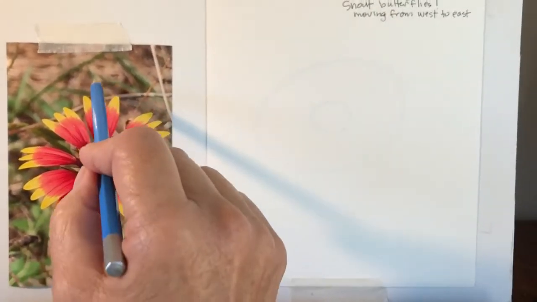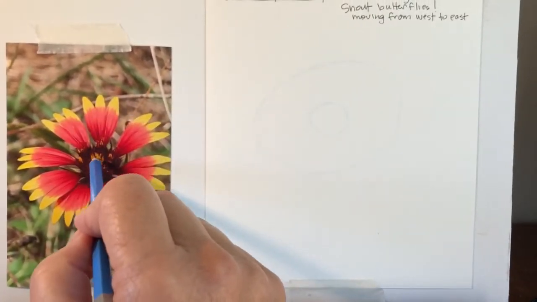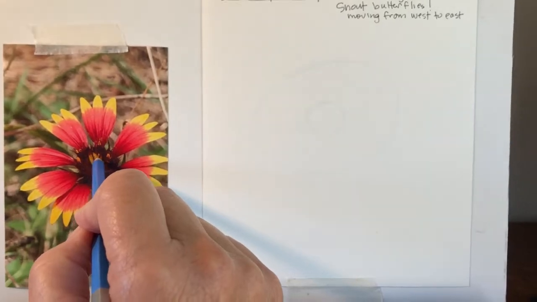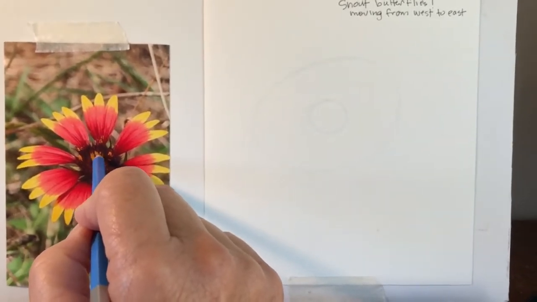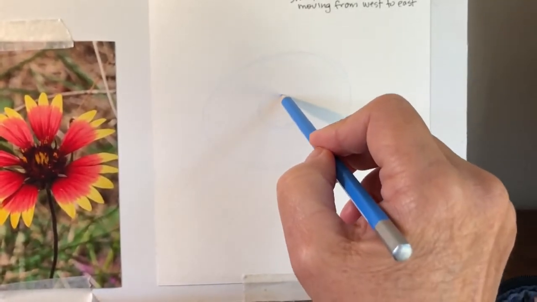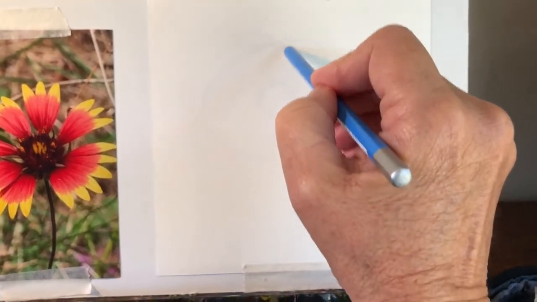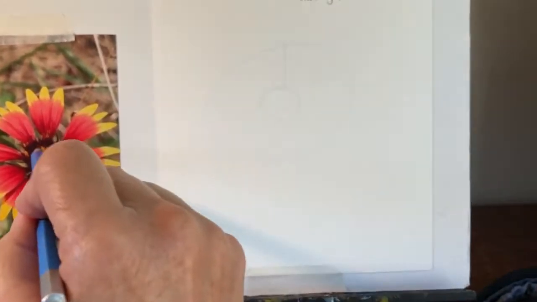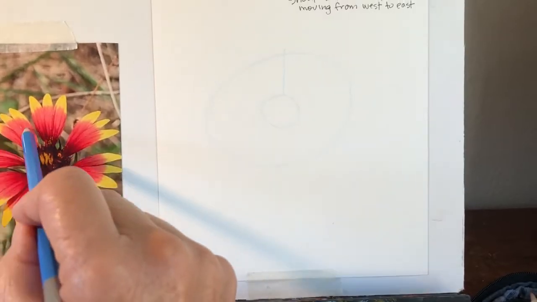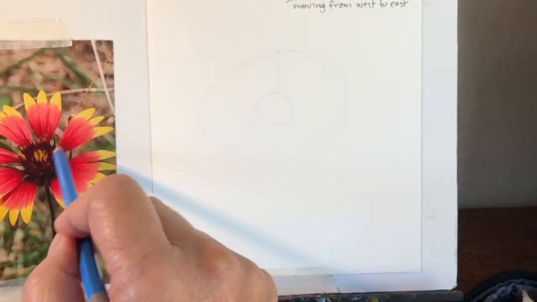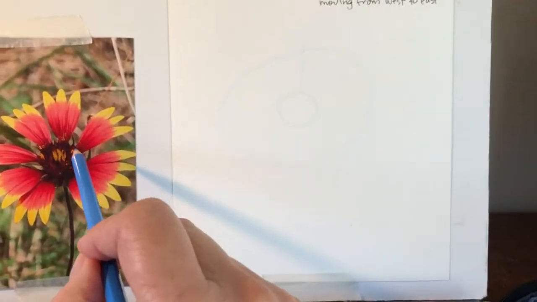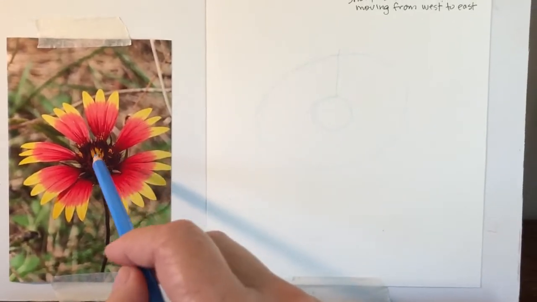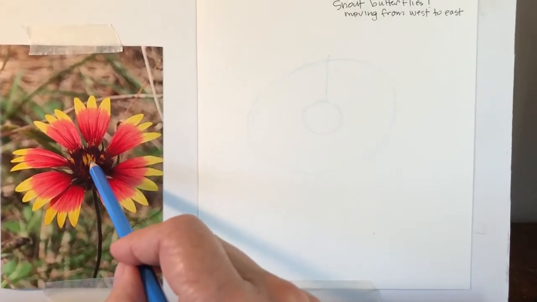So my first one, the top one, I'm noticing that it is off from the center, slightly to the right, and it is straight up and down, 12 o'clock. So I'm just going to draw one line at this point. I know there are 8 petals. I'm going to get them all placed, and if I try to do the detail first, I will either run out of room or it just won't end up right.